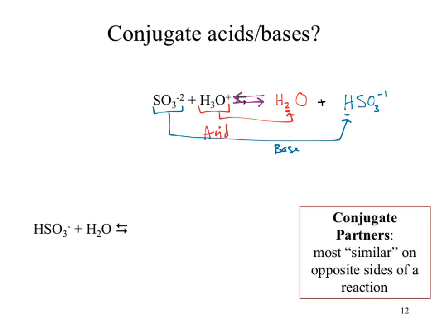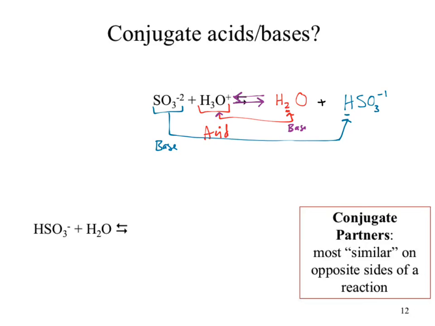H2O, to reverse this reaction, must act as what? H2O, to go back to H3O plus, has to do what? It has to gain a hydrogen, which means H2O is acting as a base. Okay, by that same token, let's take a look at the HSO3 minus.